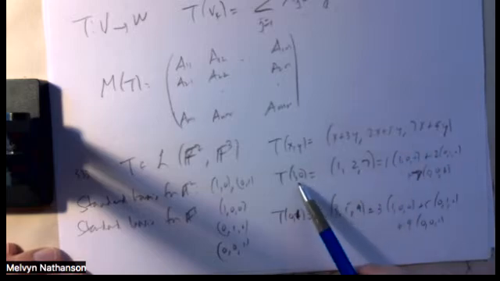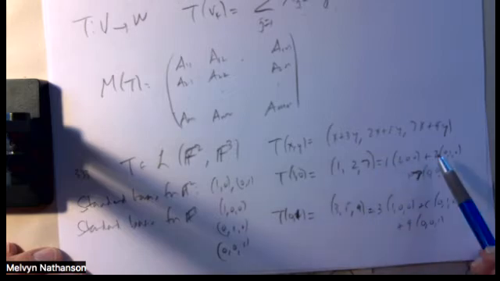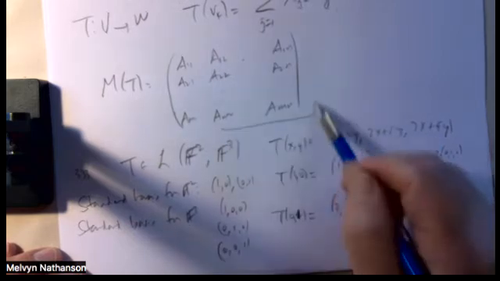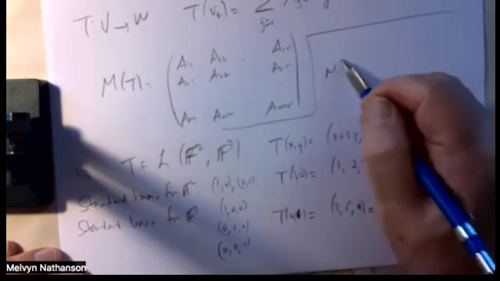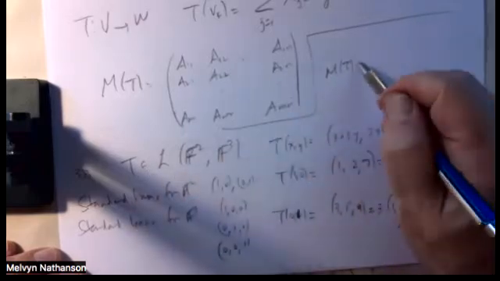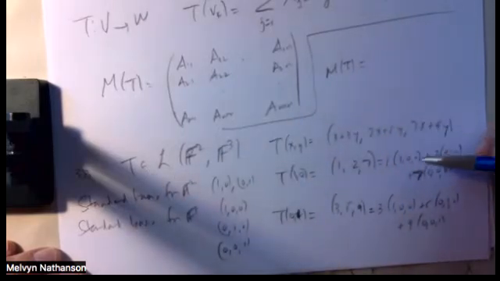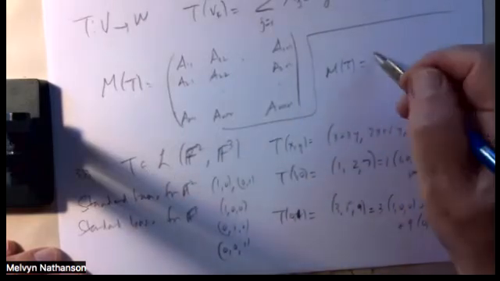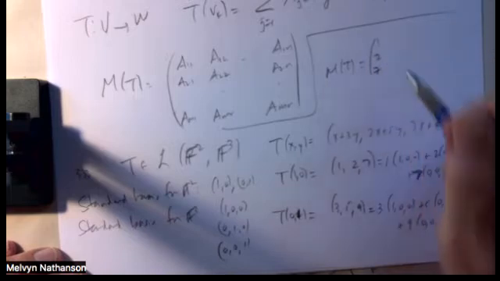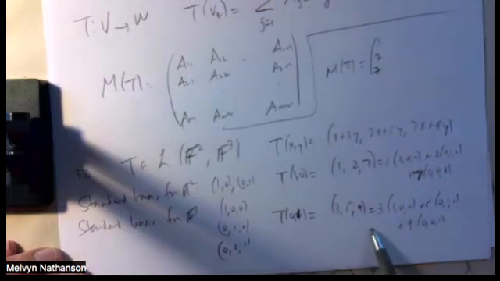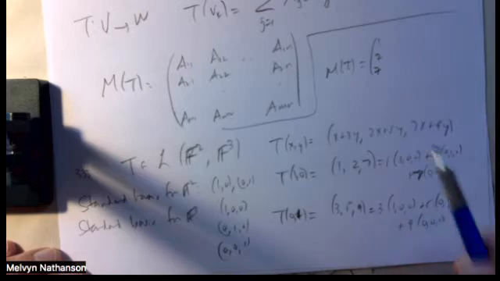So the coordinates for T of (1, 0) are 1, 2, 7. So in the matrix for this linear transformation, the first column is 1, 2, 7. And T of (0, 1) is this linear combination of the basis vectors for W. W is F3. The coordinates are 3, 5, 9.